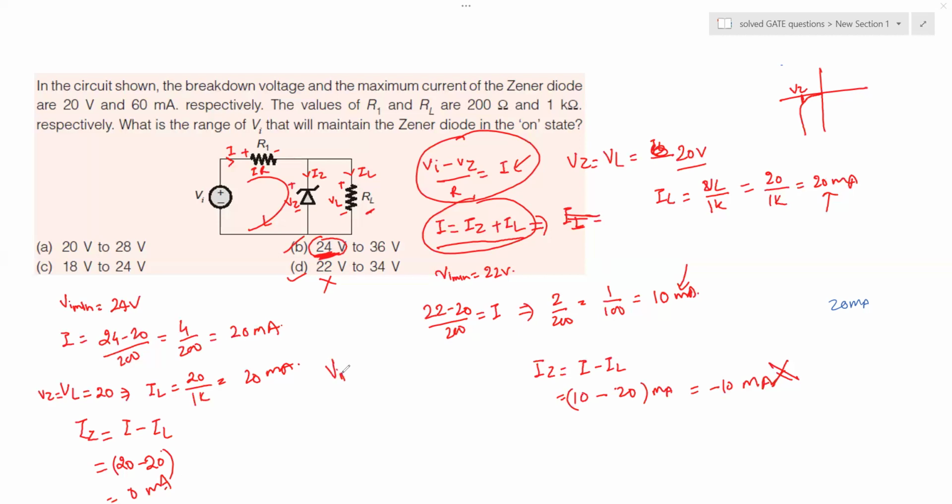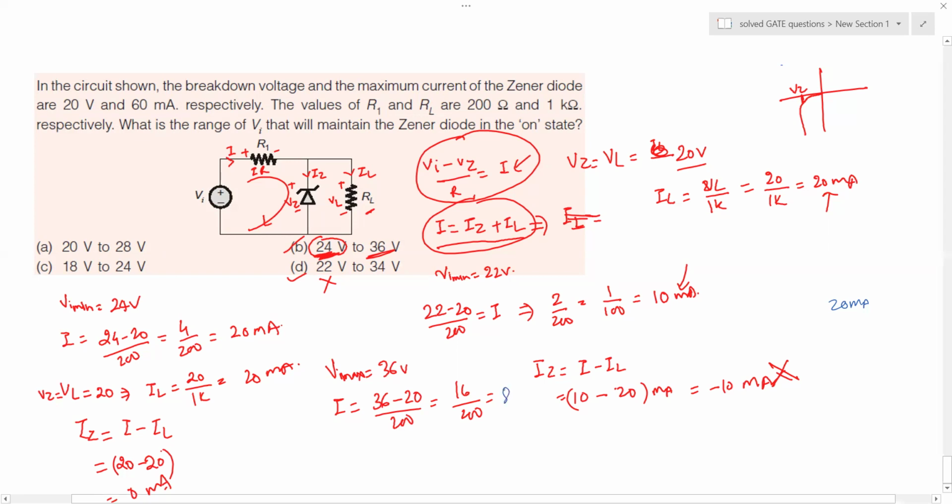Now VI max would be 36 volts, which is given here. So I would be 36 minus 20, which is the VZ, divided by 200 again. So it is 16 divided by 200, which would be 80 milliampere.